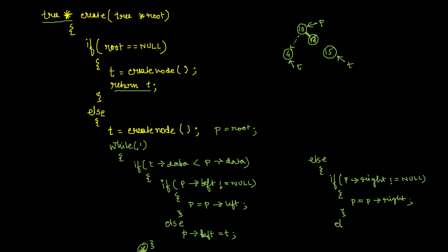And then in the else part, there is nothing. The 10 is not engaged with another node. So in that case, you can easily connect in a similar way P right equal to T. So you can connect this one.